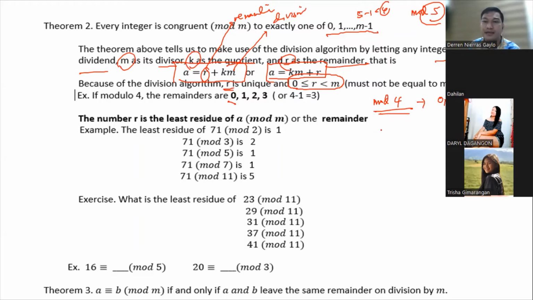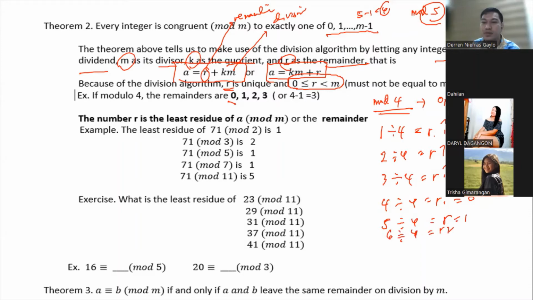Say 1 divided by 4, what is the remainder? 2 divided by 4? 3 divided by 4? 4 divided by 4, that's remainder 0, right? 5 divided by 4, that's remainder 1. 6 divided by 4, that is remainder 2. 7 divided by 4, that is remainder 3. 8 divided by 4, that is remainder 0.